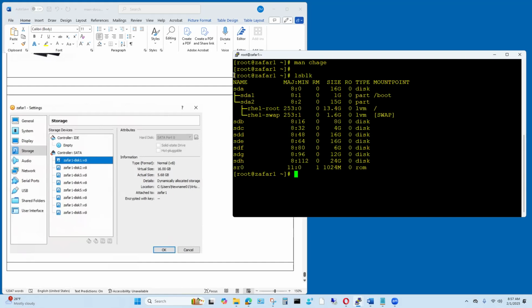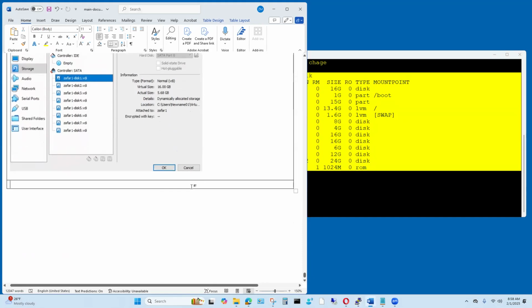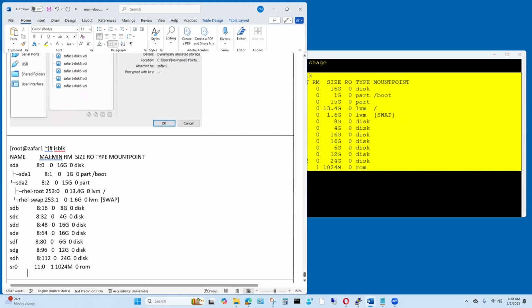These are the list blocks here. Block, in general terms, means the disk.